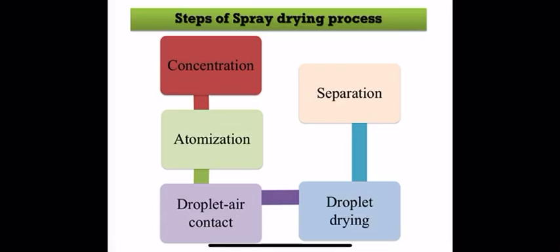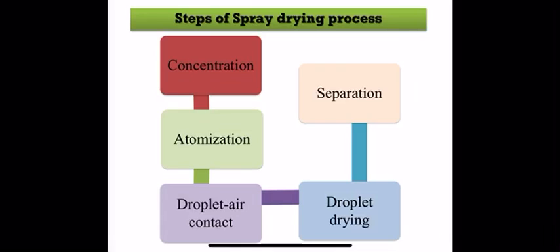The droplet contains both the moisture part as well as the solute part. As soon as it gets in contact, the water will evaporate and the droplet will be converted into a fine powder.